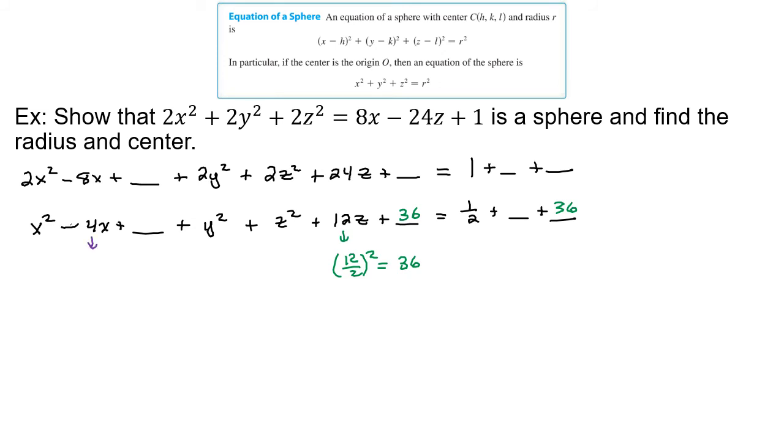For the 4, I'm going to take half of 4 and square it. Half of 4 is 2, 2 squared is 4. So I'll put a 4 on both sides. So the first 3 terms factor. This is x minus 2 squared.